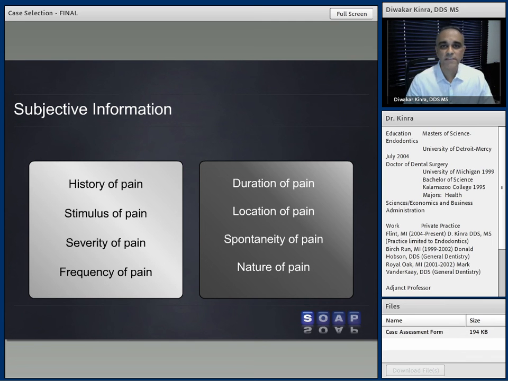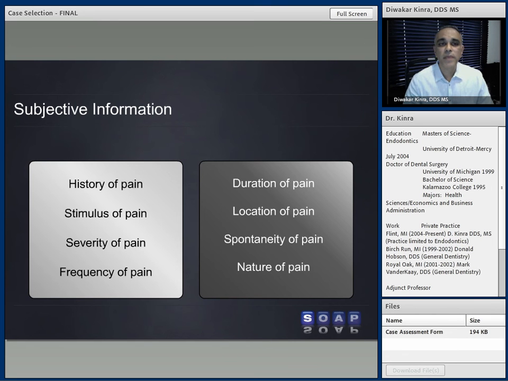Next, duration of pain. This is extremely important because this really helps us determine what we're going to do next. If you have a stimulus of pain, how long does the pain last after that stimulus? Well, if it lasts at least 30 seconds or longer, then we have irreversible damage. That means it's time for the root canal.